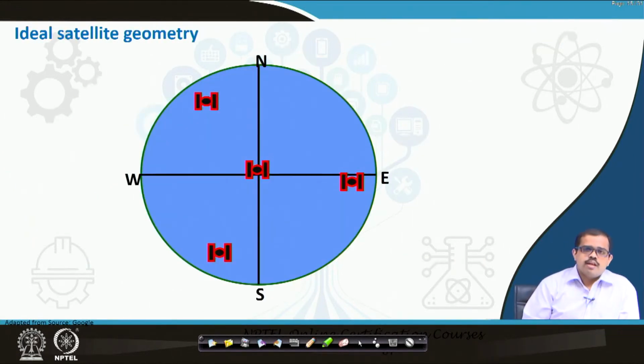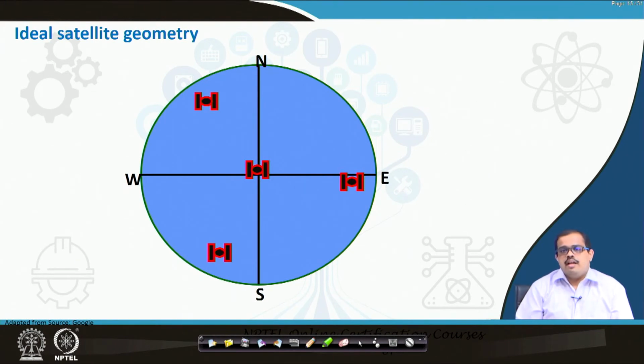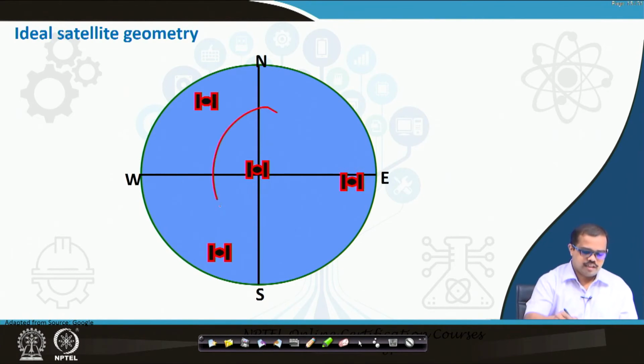Okay. So when you look at your satellite geometry, it also matters a lot, because just by a bad geometry, the strength of your signal may get worsened. So when people talk about ideal satellite geometry, these satellites should be placed in such a way that you have something called an inner circle at a certain distance from the equator, and there is an outer circle.